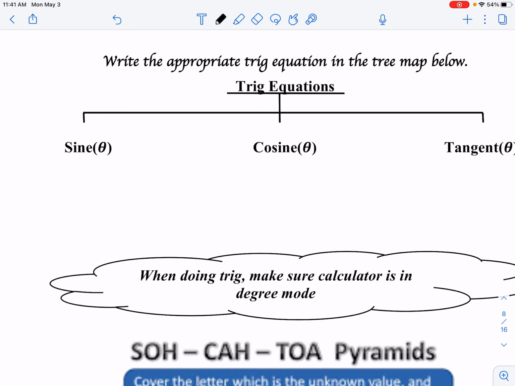Sine, cosine, tangent. Sine theta is equal to the opposite side over hypotenuse.